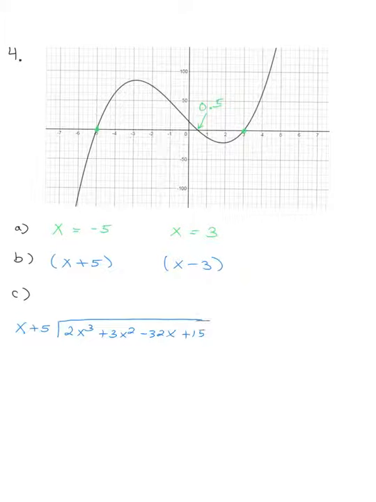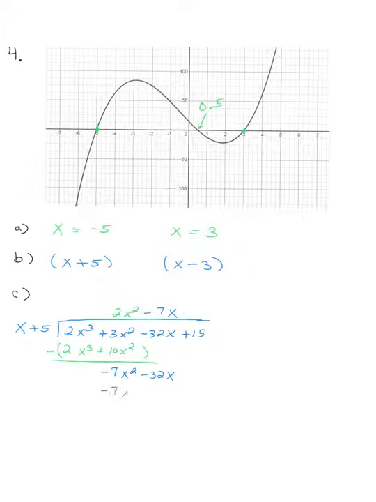All right, let's see. I have to first multiply by 2x squared. That gives us 2x cubed plus 10x squared. And when I subtract these two things, I get a negative 7x squared minus 32x. I'm now going to multiply by negative 7x.